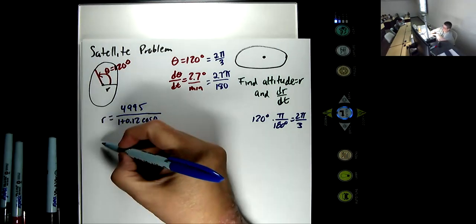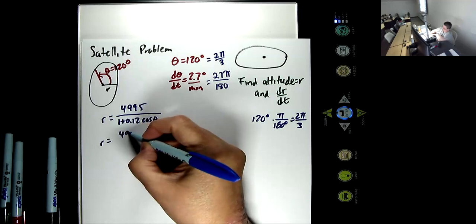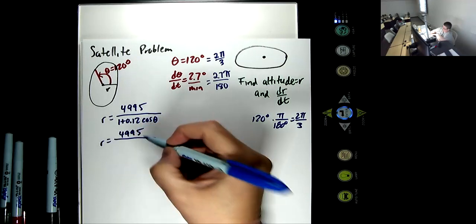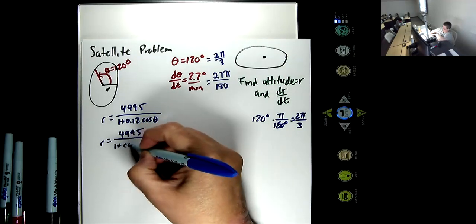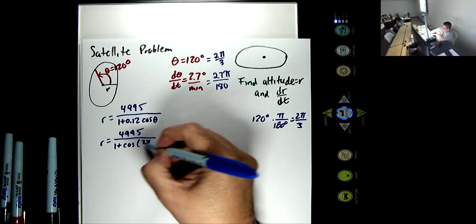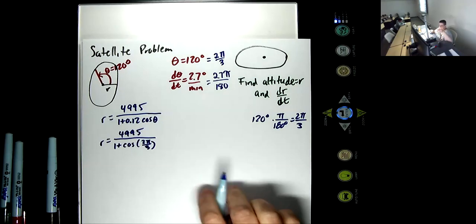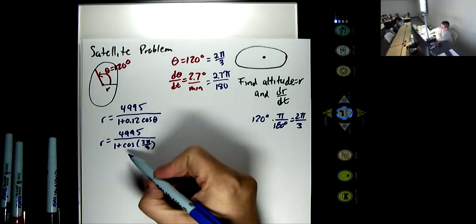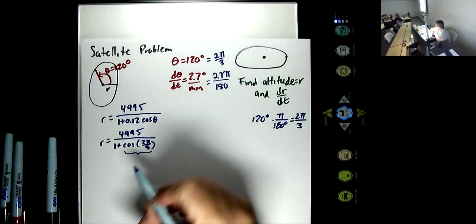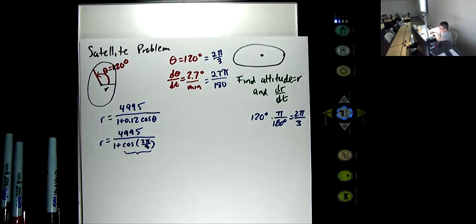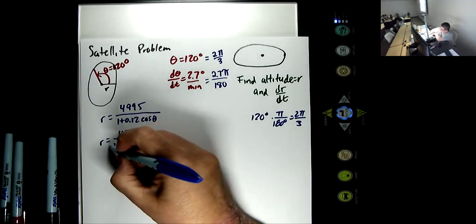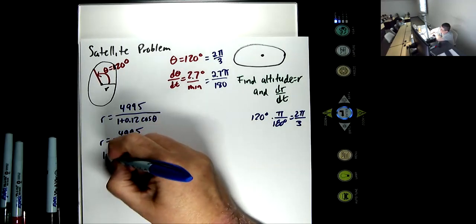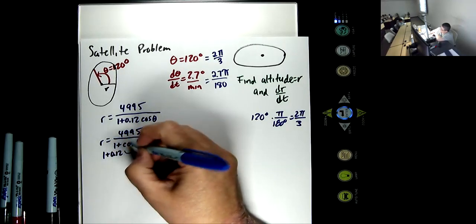When we do that at 2 pi over 3, oh, I'm missing the 0.12 right there, times that.